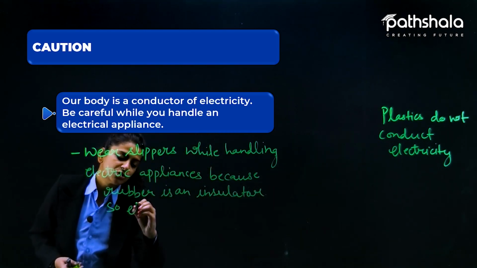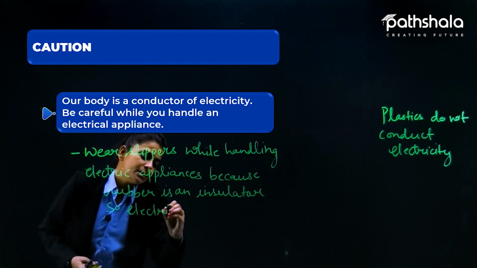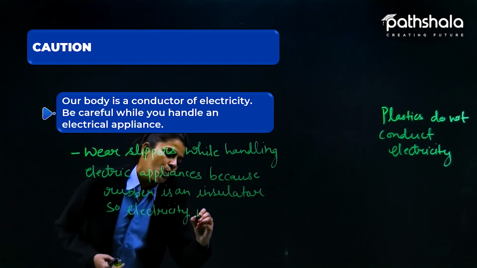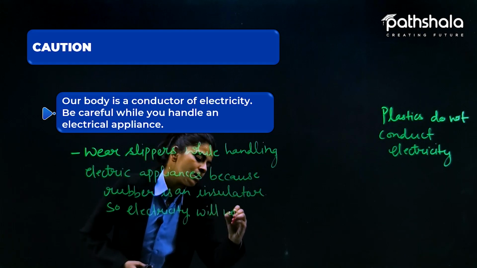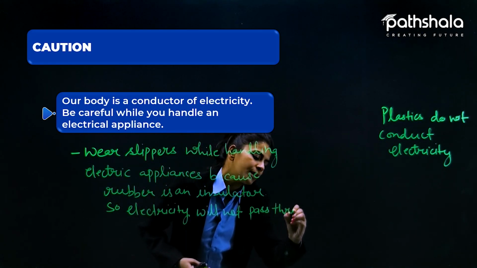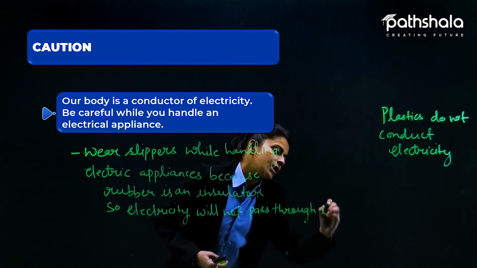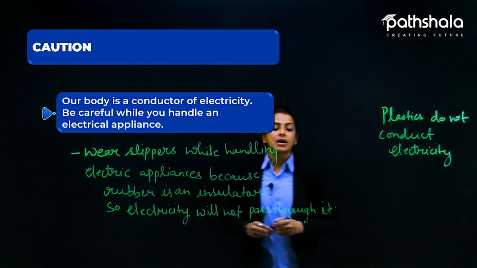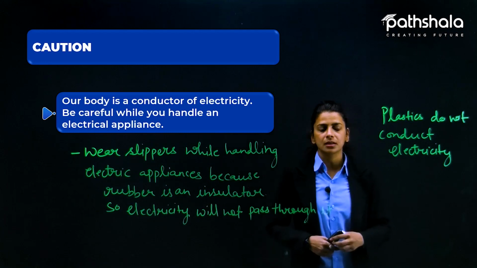So electricity will not pass through it. Yes, got it? So that is why we have to take care of ourselves while we are handling something with an electric setup.